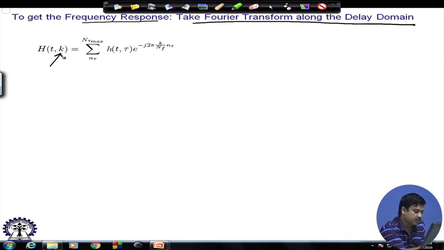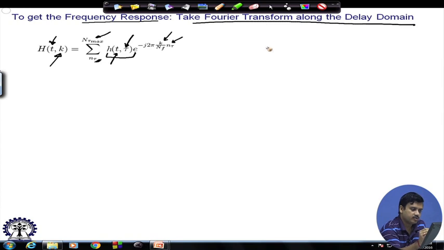Look at this. t has remained t, and h_t of tau. So t is remaining as t, and this is the tau, and summation over n tau, that is this index of tau to tau max, the maximum number of resolvable delays, of e to the power of minus j 2 pi k by n f. So, we are taking the discrete domain, discrete frequency, n tau indicating the particular delay.